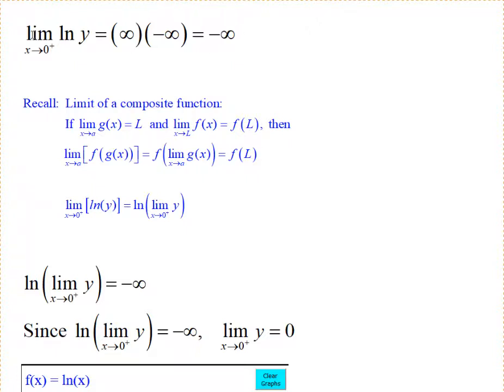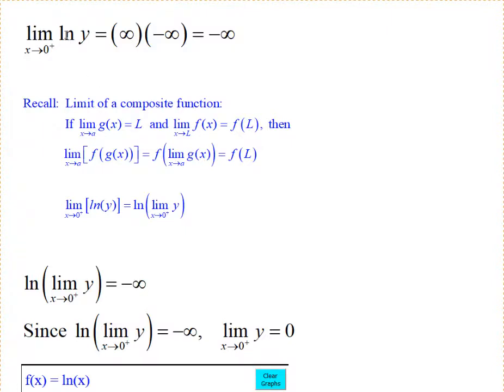And what we're looking for is the limit of y, not the limit of ln of y. So how do we go from the limit of ln of y to the limit of y? Remember, we have a theorem on the limit of a composite function, and it says that if you have the limit as x approaches a of f of g of x, then this is the same thing as f of the limit of g of x.